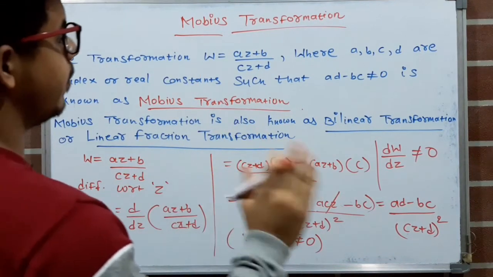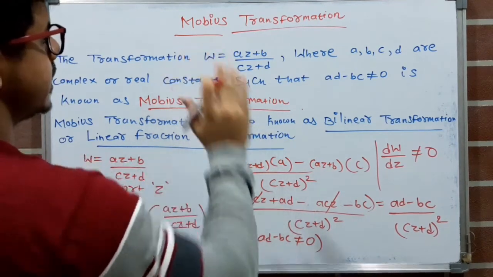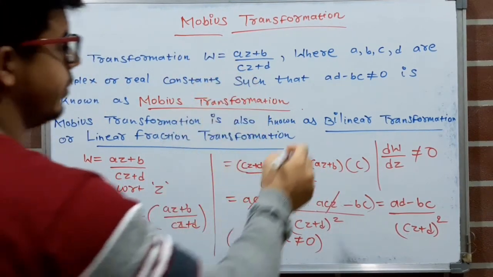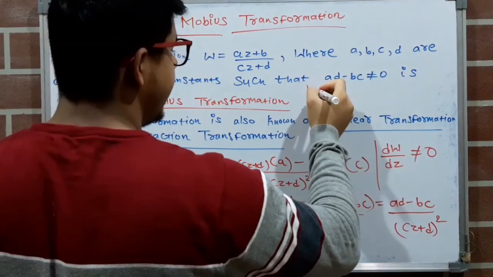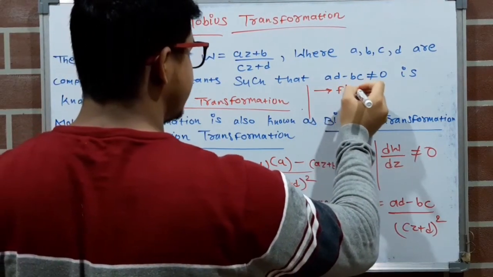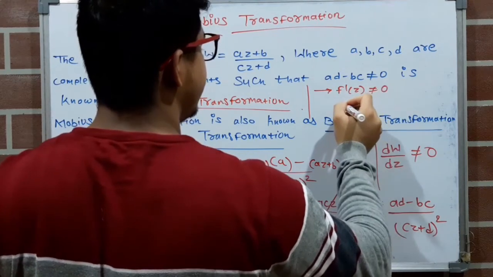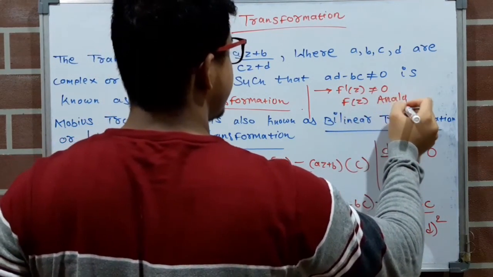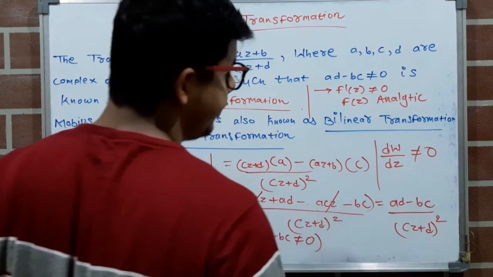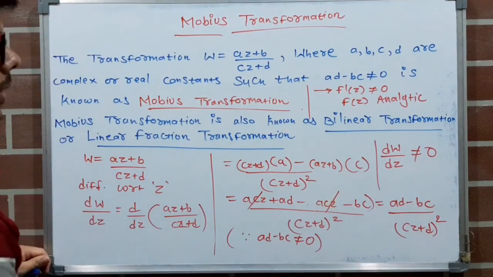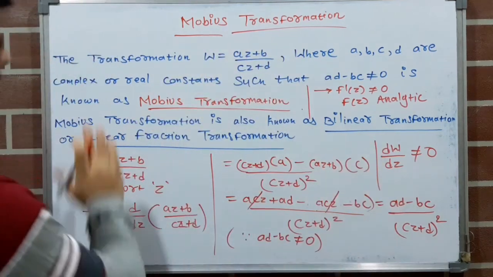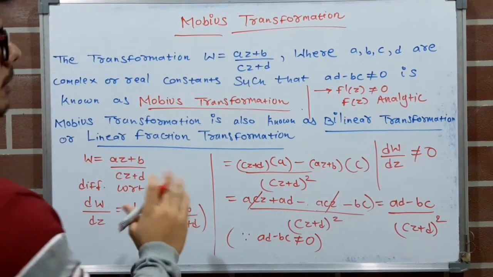This is the important point. What were the conditions of conformal mapping? The derivative should not be equal to 0 and the function should be analytic. So the theoretical part of the Mobius transformation is completed.